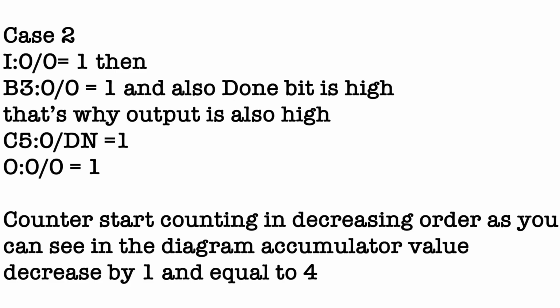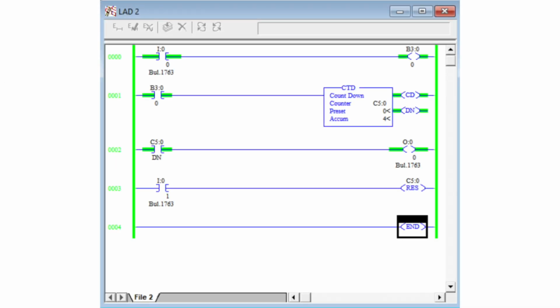That's why the accumulator value goes down by 1, that is, to the value 4. As you can see in the diagram, my CD bit is also high because my counter started counting. But you can see the done bit is also high, right? So the output is high.